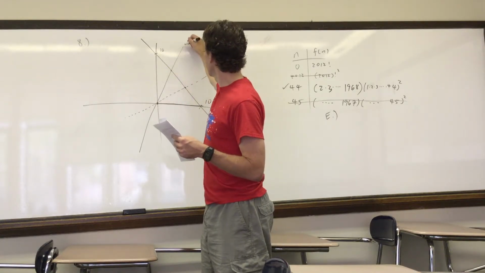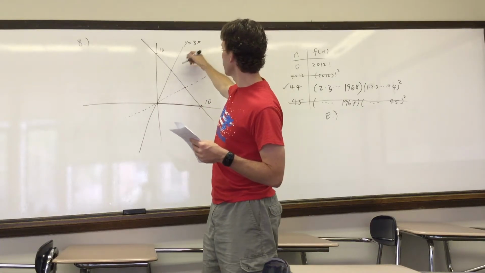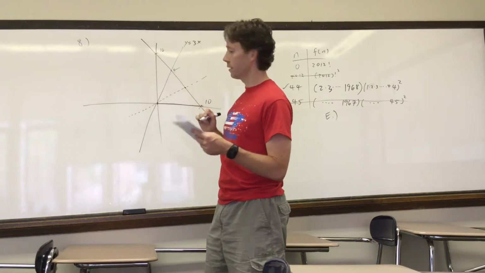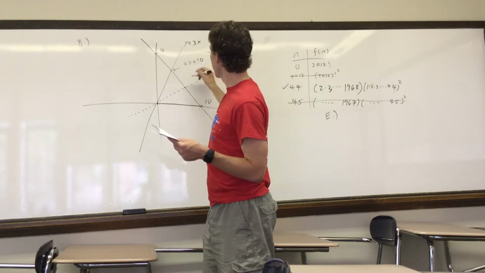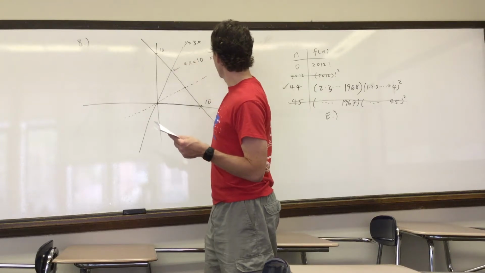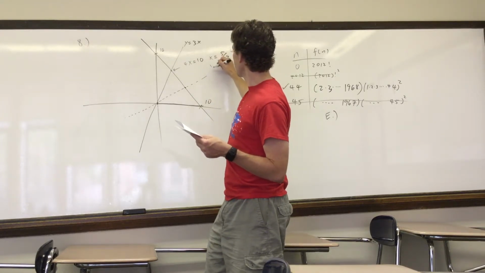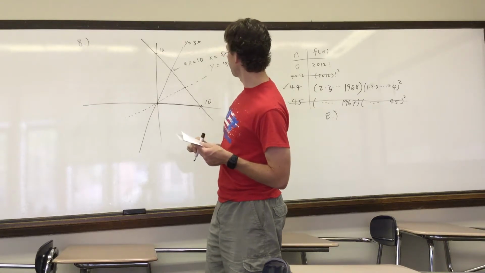The height. If I let y equals 3x, I can find this intersection point. Substituting in for y, I'll have 4x equals 10. So x is 5 over 2. And that means y is 15 over 2.